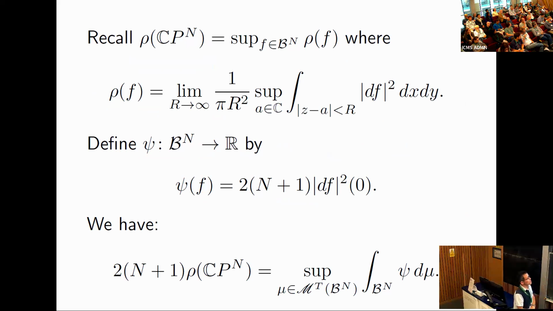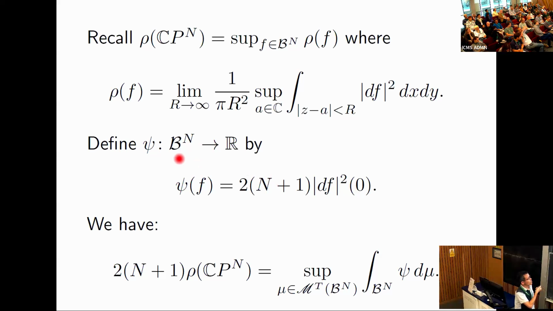This is easier. Recall that rho of CP^N is the supremum of rho f over all Brody curves, and rho f is given by a somewhat complicated formula. We want to express this quantity using invariant probability measures, and actually it's very easy. We define a continuous function C on the space of Brody curves this way. It's just some natural factor times the square of the spherical derivative at the origin.